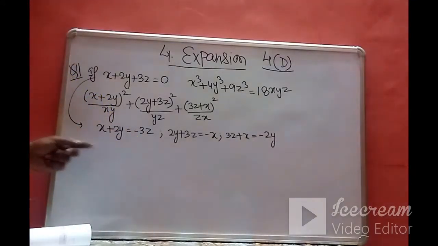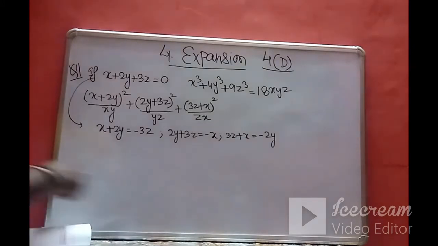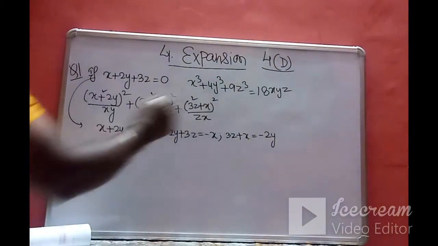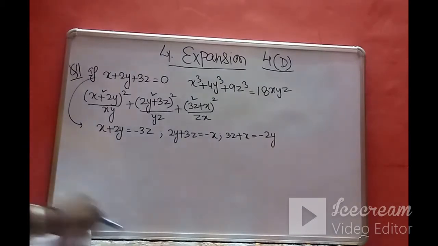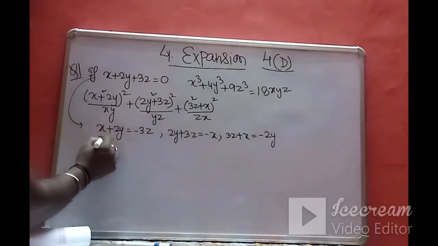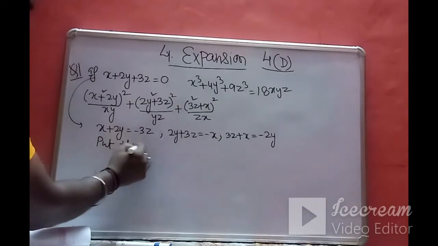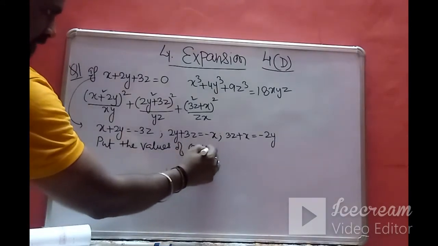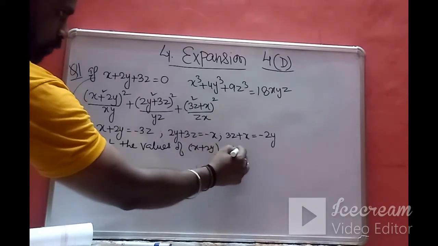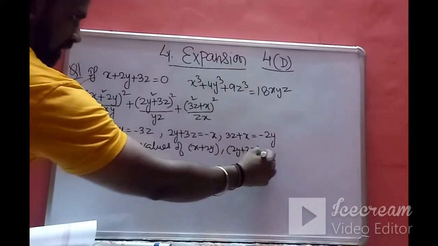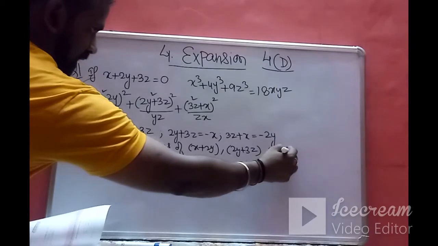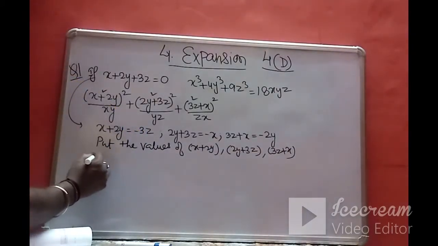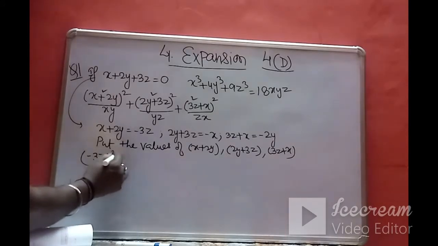Okay, so these are the three values that I have taken out for x plus 2y, 2y plus 3z and 3z plus x. Now we will put the values. So when we put the values, see what we will get: minus 3z whole square.